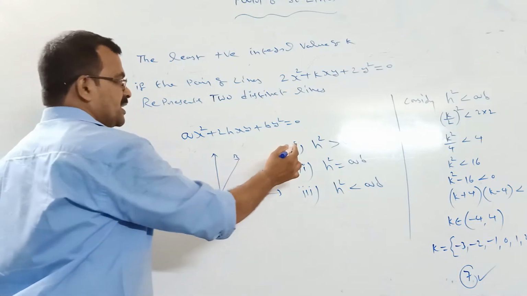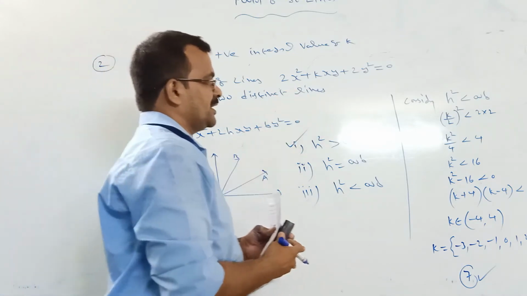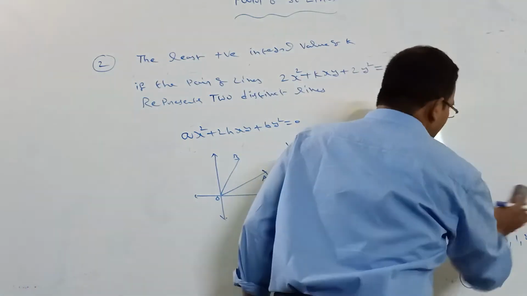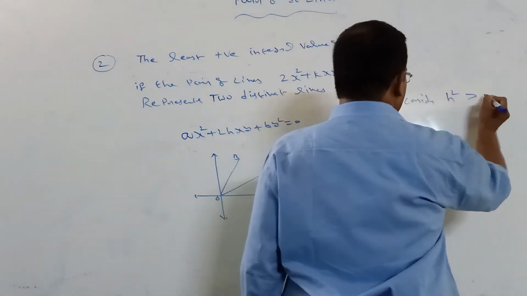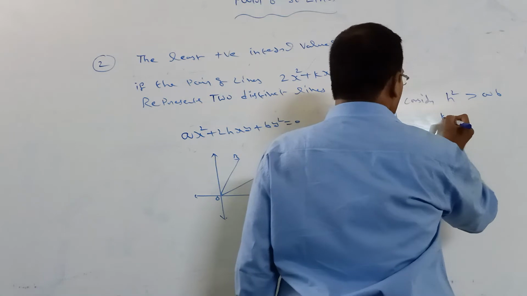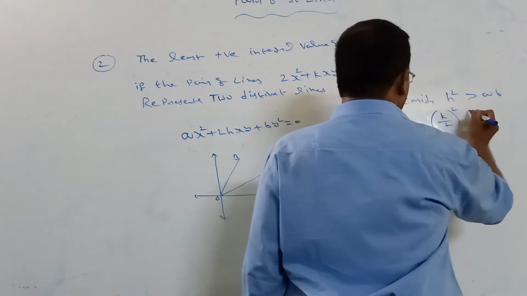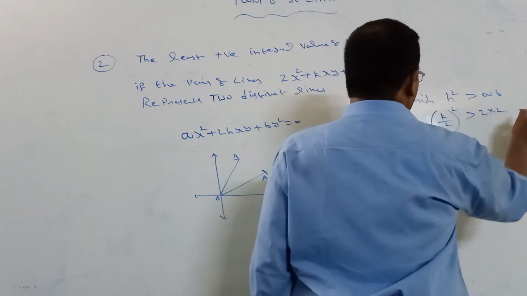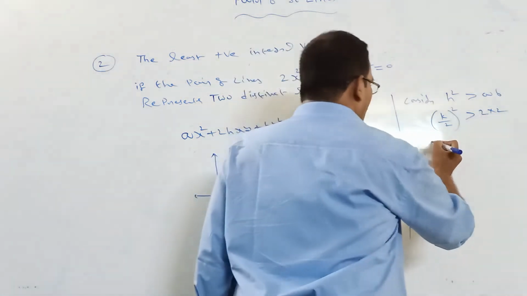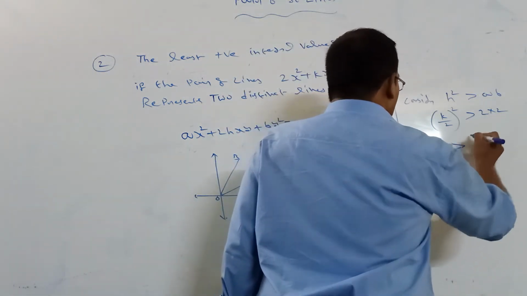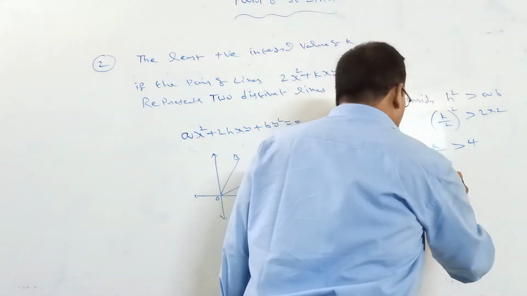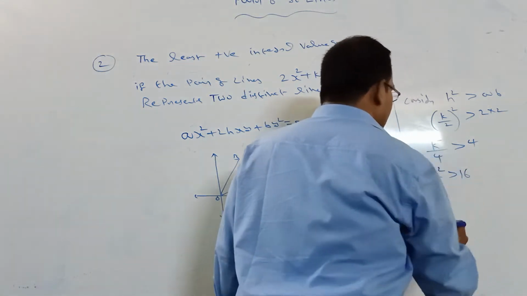Two distinct lines means you apply the first condition. What is that? H square greater than ab. H means k by 2 whole square greater than ab, and the values of a and b are 2 and 2. Obviously here also k square by 4 greater than 4. K square greater than 16.